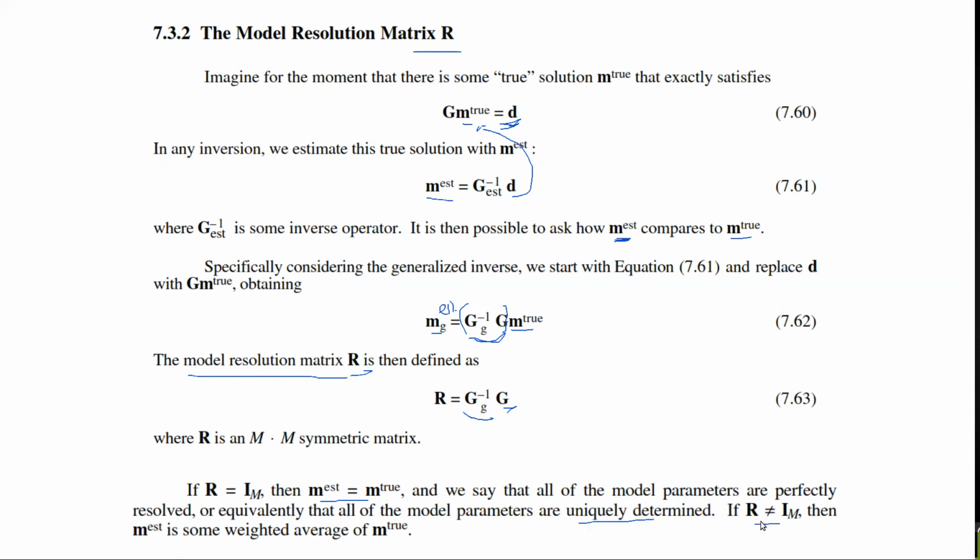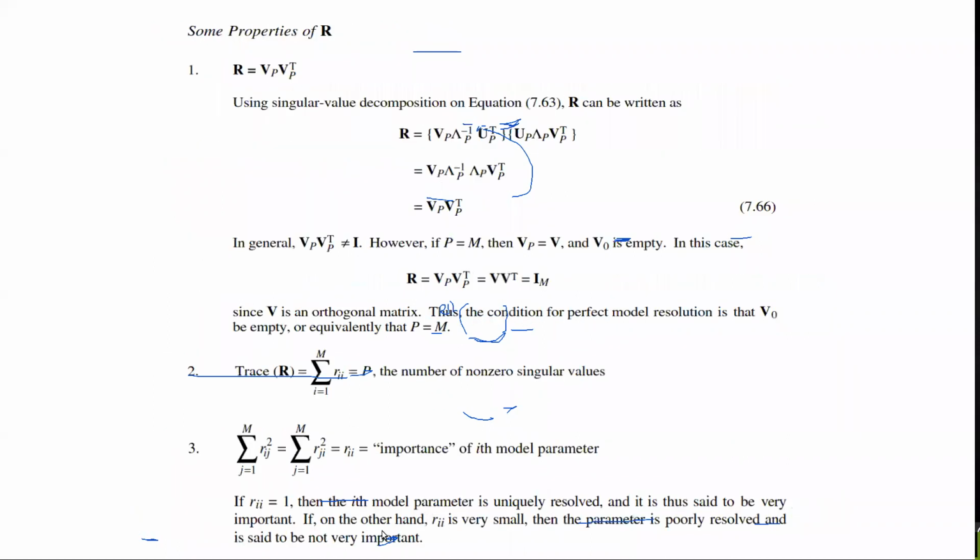In the case where R is not the identity matrix, then we say that the estimated model parameters are some weighted average of the true model parameters. So we can quantify how well we are resolving our model parameters by this model resolution matrix.